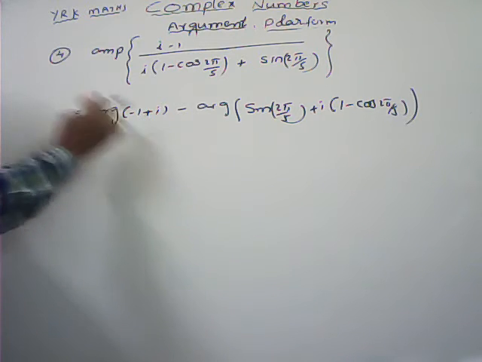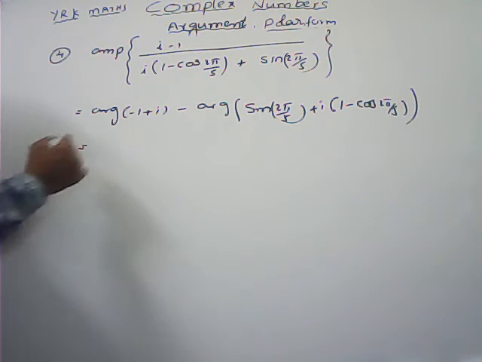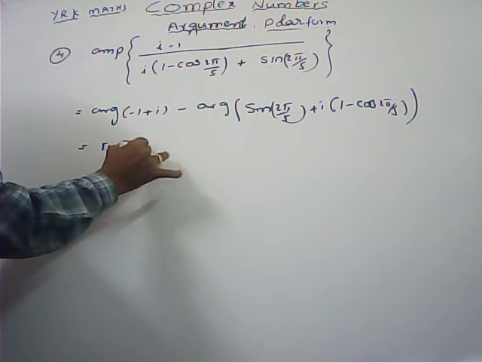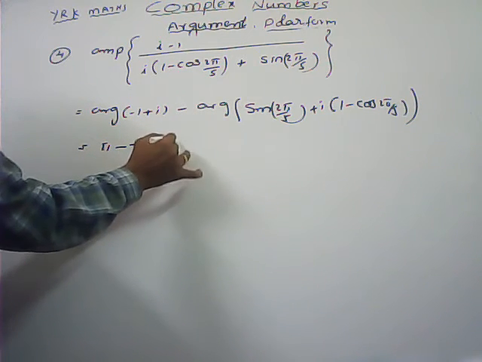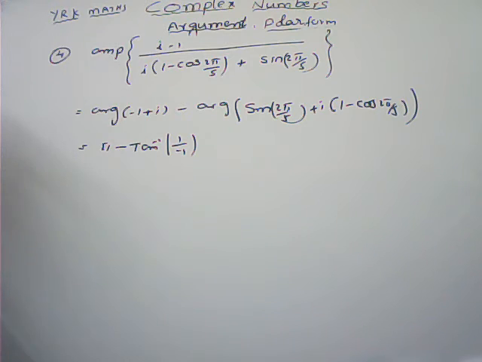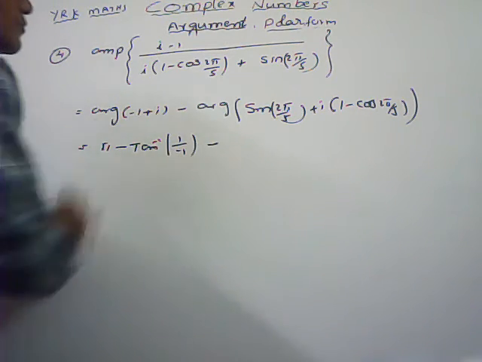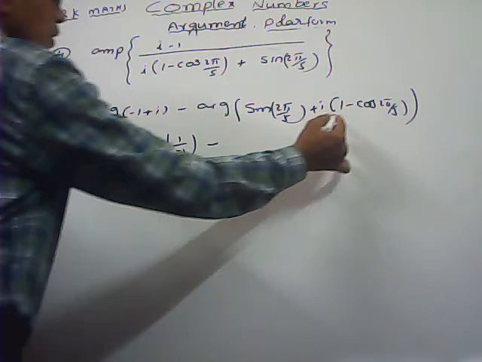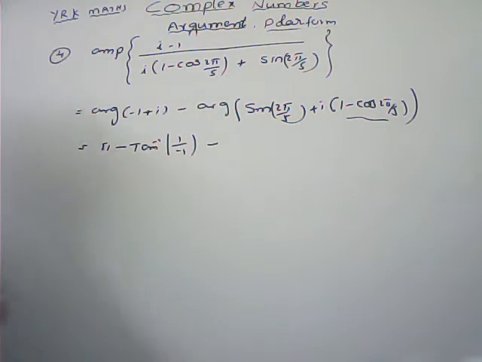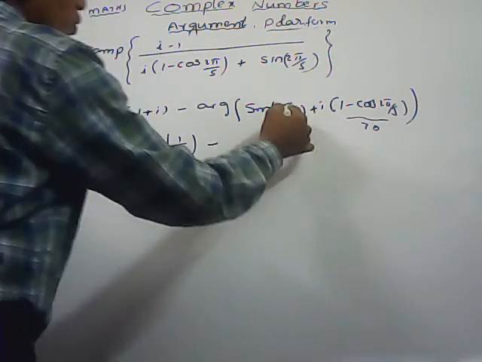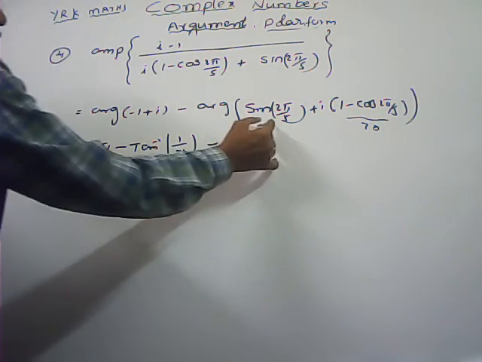Now this one belongs to the second quadrant. In the second quadrant, pi minus tan inverse modulus of y by x. Either it is positive or negative, we can consider the positive value. Minus. Now here you can see this is always positive. The maximum and minimum values of cos theta are minus 1 to 1. So 1 minus cos is positive. Here 2 pi by 5 is also positive.